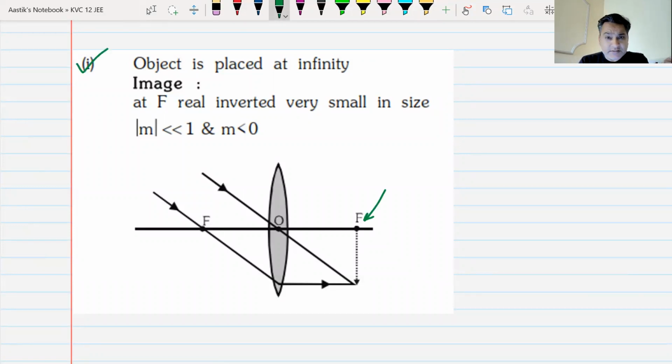The image is diminished. It is real and it is inverted. You can draw it. That is the first case where object is placed at infinity. Draw it and let me know. Once you are done, we'll go ahead.